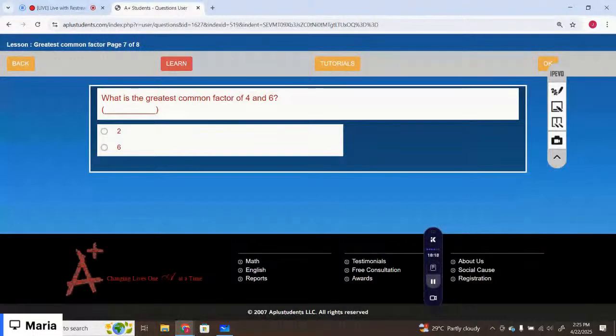What is the greatest common factor of 4 and 6? The greatest common factor of 4 and 6 is 2. Option number 1 is the correct option, that is 2.